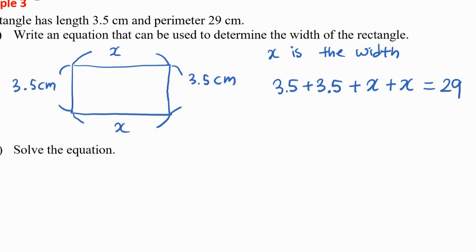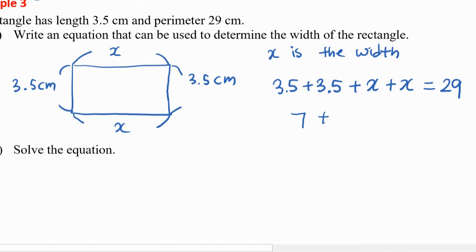So when the question asks you to write an equation, you always need to use an equation to solve the problem. Okay, 3.5 plus 3.5, what is that? Yes, 7. Plus x.